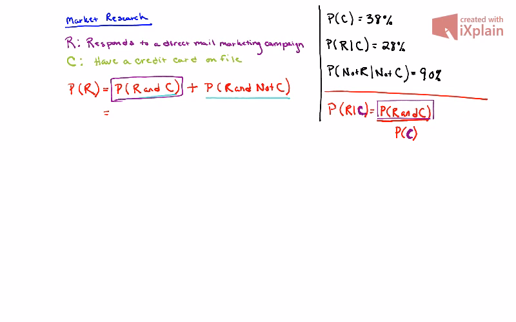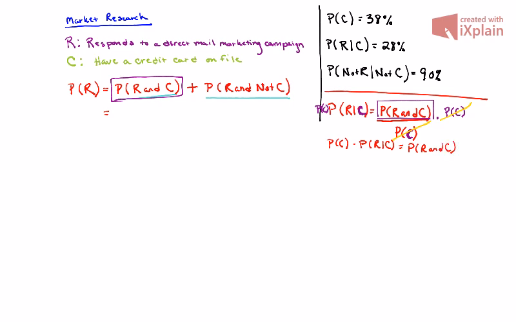I'm going to multiply both sides by the probability of C. That will allow me to clear out the numerator and denominator on the right-hand side. And lo and behold, the probability of C times the probability of R given C is equal to the probability of R and C.